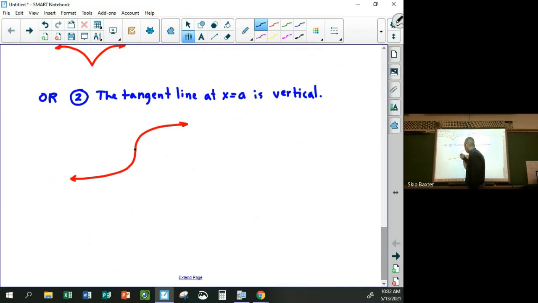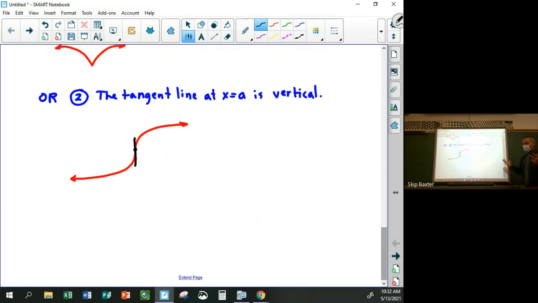However, right at that spot, the line that best approximates this function would be a vertical line. So that's possible. And still, the derivative would be undefined. Not because the tangent line doesn't exist, not because the tangent line is not unique, but because the tangent line is vertical. Okay?